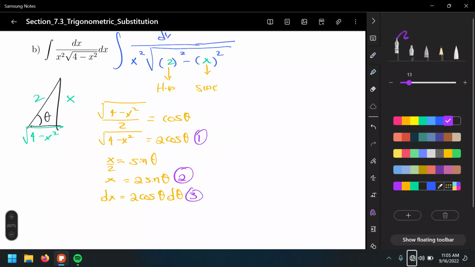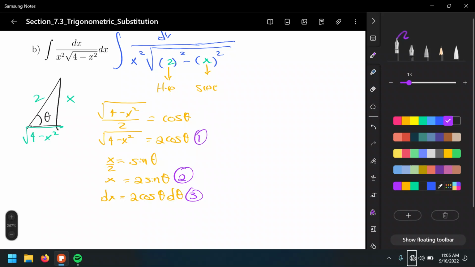So we have everything that we need to go back to the integral in the world of x, send it to the world of theta, and solve the problem in the world of theta. Once we do that, let's go back to the world of x by relying on our substitution from the triangle. You'll see.